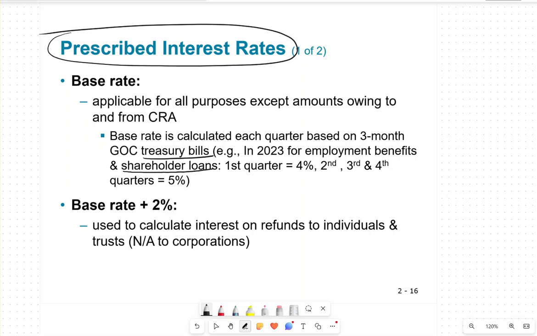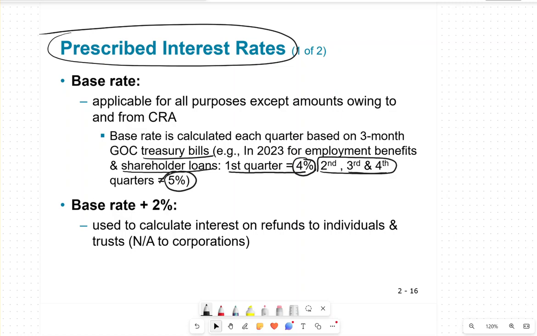So in this case, they said you have to use something called the prescribed interest rate that is given to you by the government, CRA. For the first quarter, if you borrow money, you will be getting a taxable benefit at 4%. For the second, third, and fourth quarter, you will be calculating the interest on the loan at the rate of 5%, and that becomes the taxable benefit.